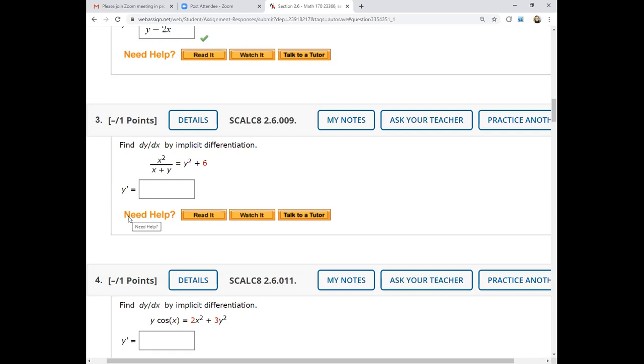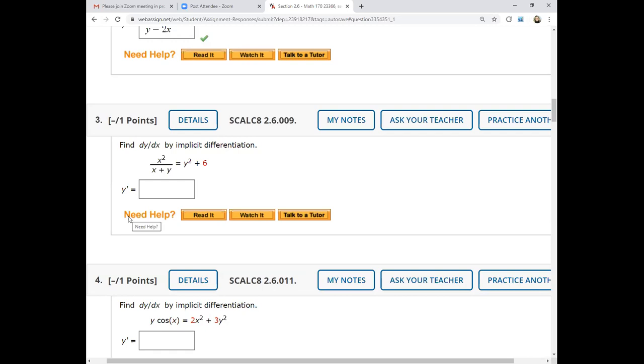Now, before I can solve for dy/dx, I have to take my derivatives. So on the left side, I have x plus y. The derivative with respect to x of x squared is 2x. So basically, I have parenthesis x plus y times 2x minus x squared.